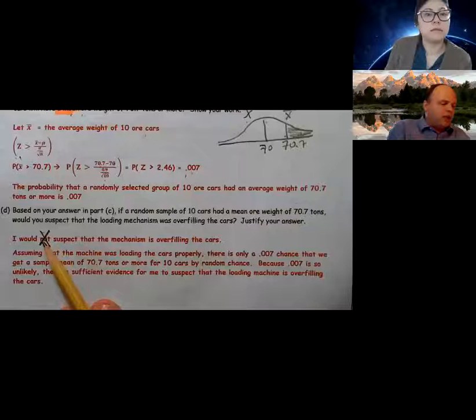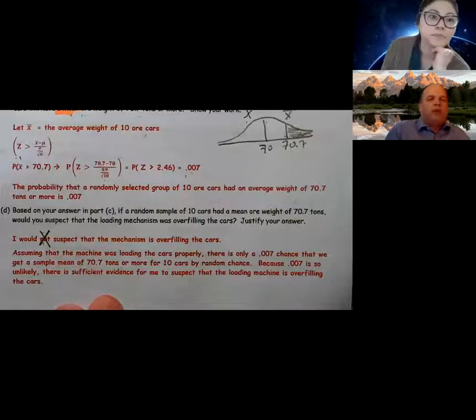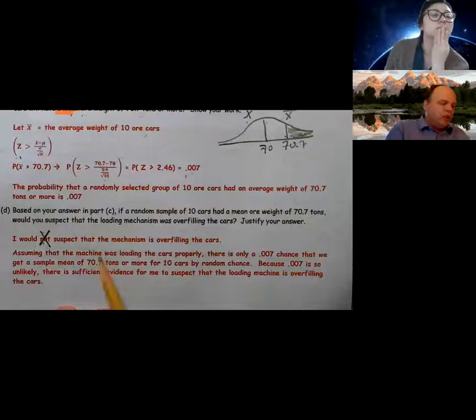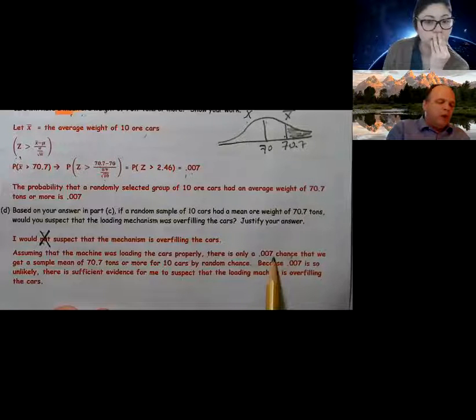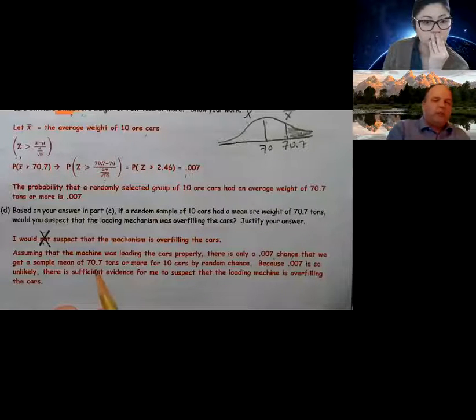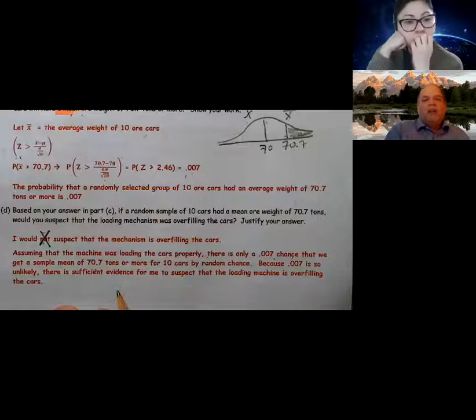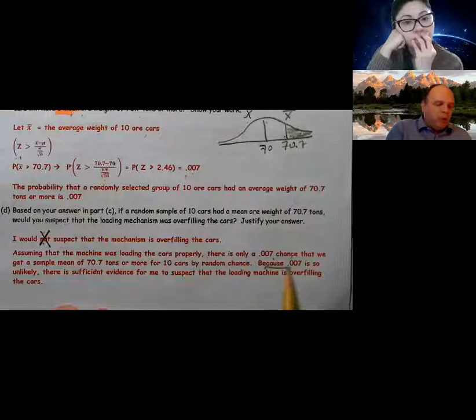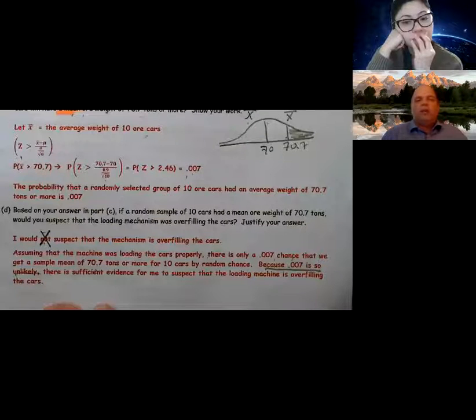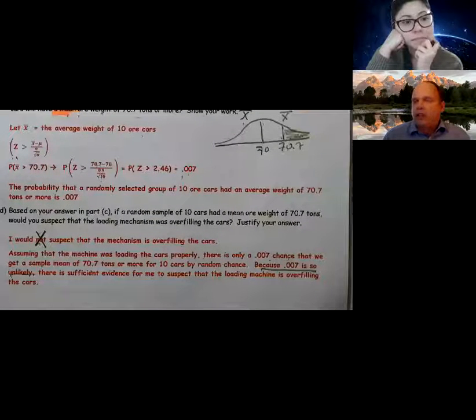So assuming the machine was loading the cars properly, there's only a 0.007 chance where you get a sample mean of 70.7 tons or more. That's sufficient evidence. So basically I can say because 0.007 is so unlikely, there's sufficient evidence for me to suspect that it's overfilling. All right?